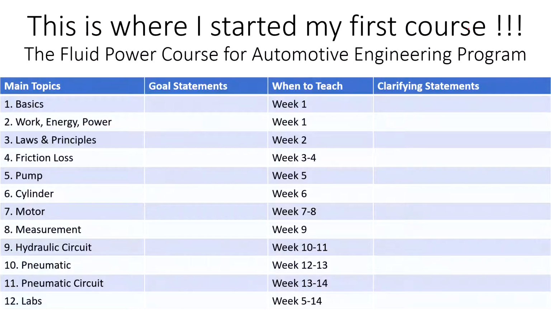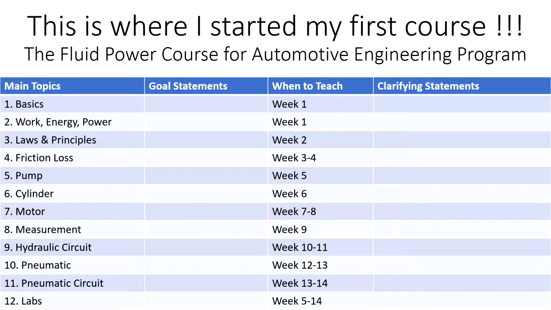So I will explain using one of my courses how we can develop measurable learning outcomes step by step. This is an example where I started my first college-level course. We are usually given a textbook, maybe the previous professor used a textbook, and it has some chapters. Assume that we want to cover the 11 chapters and also some labs with that course as well, and when each will be covered.